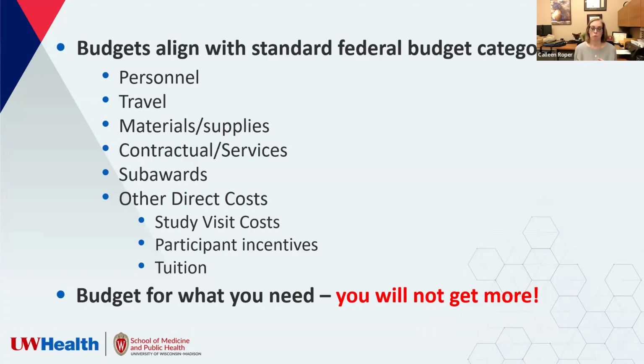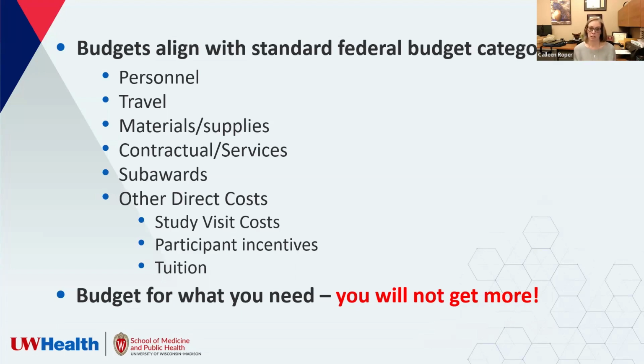So in budgeting for grants, they will potentially throw out a dollar threshold, but you need to budget for what you need, because at the end of the day, what you get awarded is what you get. You can't go back and ask for more money. I shouldn't say that. You can, but it's extraordinarily rare. So we're going to go with the premise that what you get awarded is what you get.